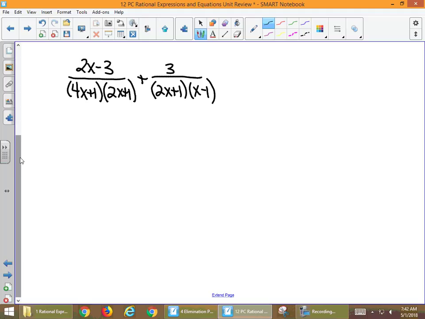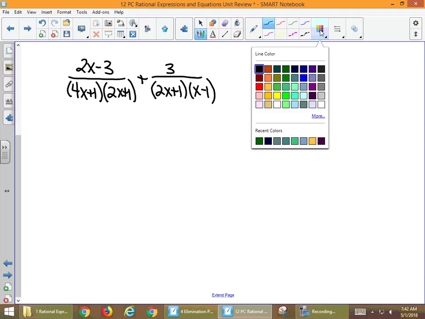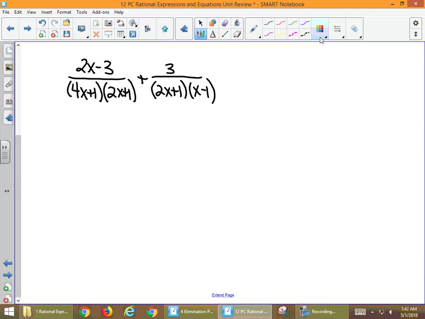All right, when I'm looking at my two fractions here, they have 2x plus 1 in common. So my first fraction needs the x minus 1. And what I do to the top, I have to do to the bottom. What I do to the bottom, I have to do to the top.